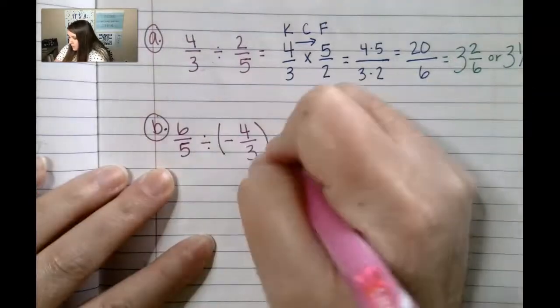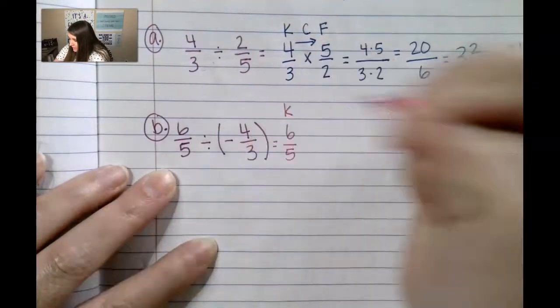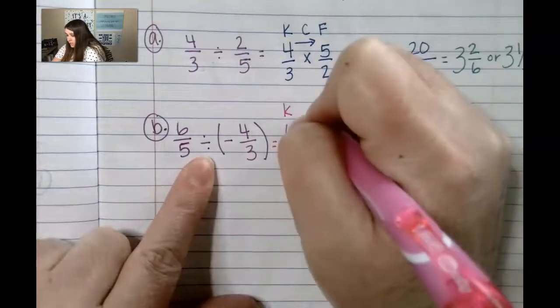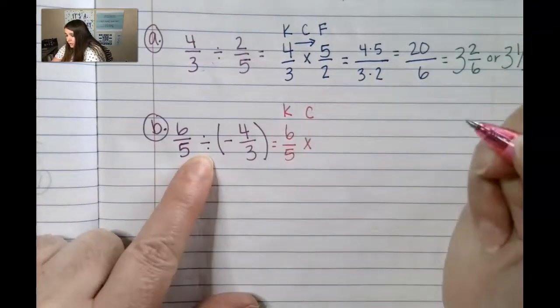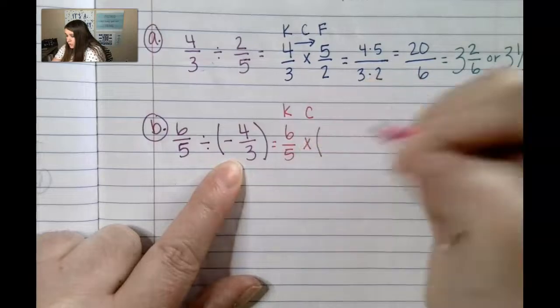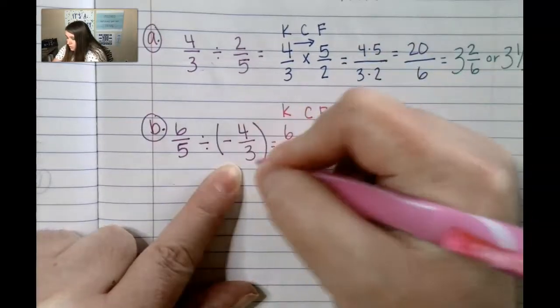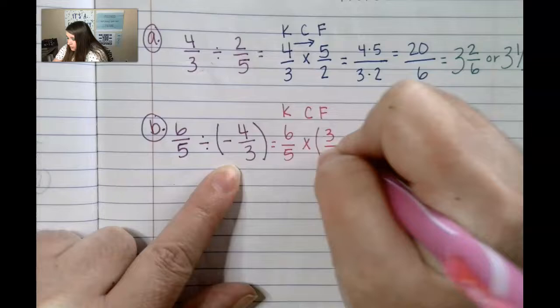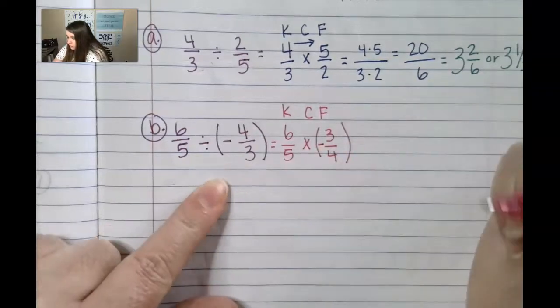So first thing we want to do is we want to keep that first number the same. So we're going to keep 6/5. We want that one to stay the same. We're going to change from division into multiplication, and then we're going to use the reciprocal or the flip of 4/3, and we're going to have -3/4.